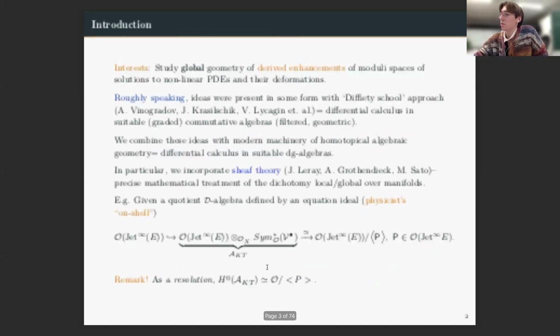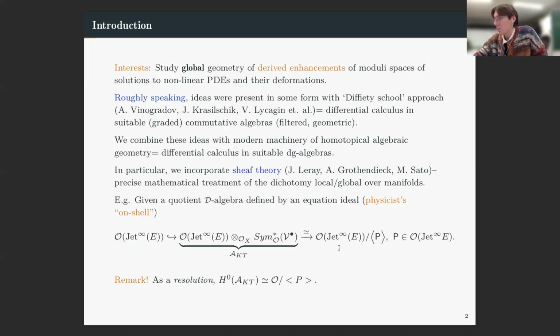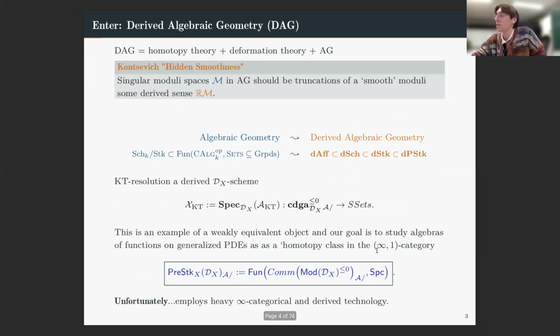As you see, this is a generally irregular ideal, so most likely this is our indicative singular object in this case. But the idea is you want to study this derived moduli space, or this Koszul-Tate resolution, not just as taking it from some other object, but as an object in its own right. So in this sense, it's really about enhancing your object.